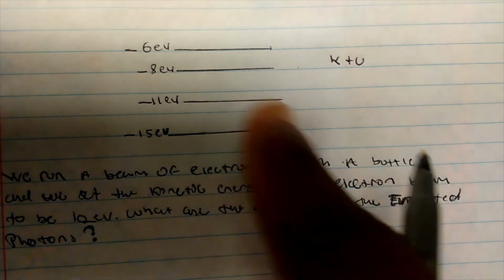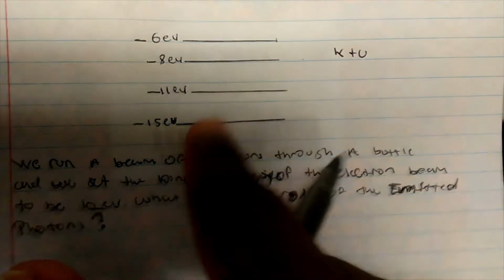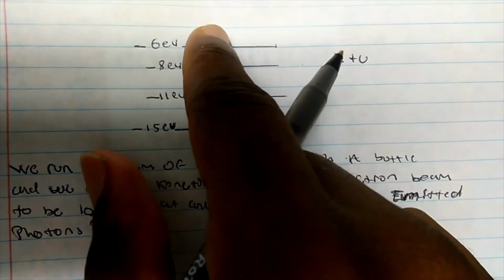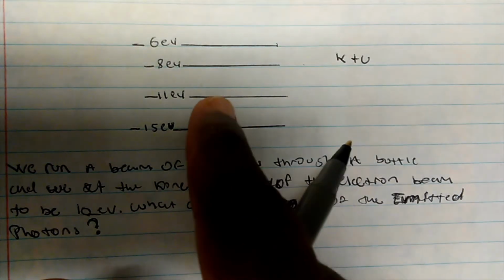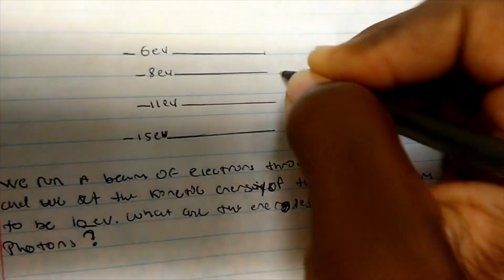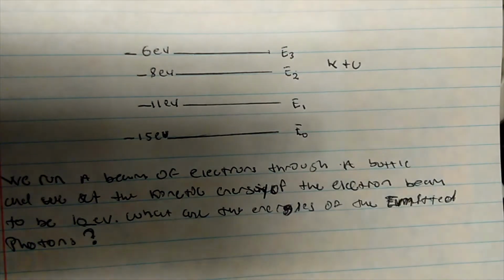We're given the K plus U graph here. The first thing I like to do is take my highest electron energy level and subtract the ground state from it. I'm going to show you why. This is our ground state, E naught. This is E1, this is E2, and this is E3.